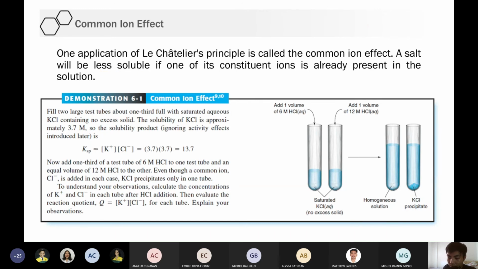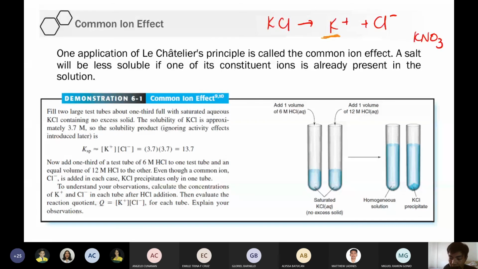Bigay pa ako isa pang example. Kunwari, KCl. Itong nasa text sa baba. Suppose we have KCl. Ano yung equilibrium niyan? Magpuproduce yan ng K plus and Cl minus. Suppose maglagay ako ng KNO3. Ano yung common ion nila? Yung K plus.